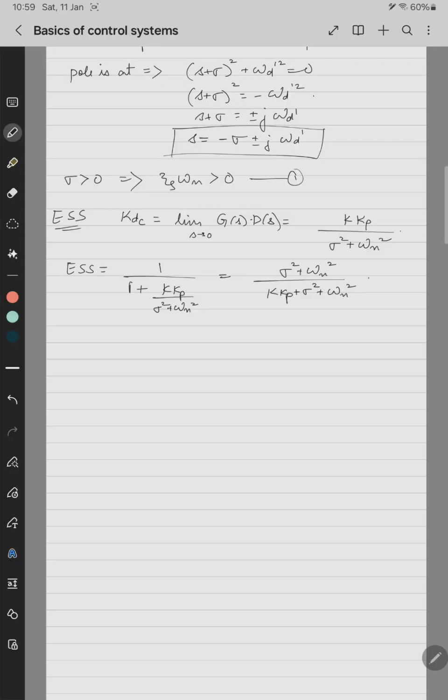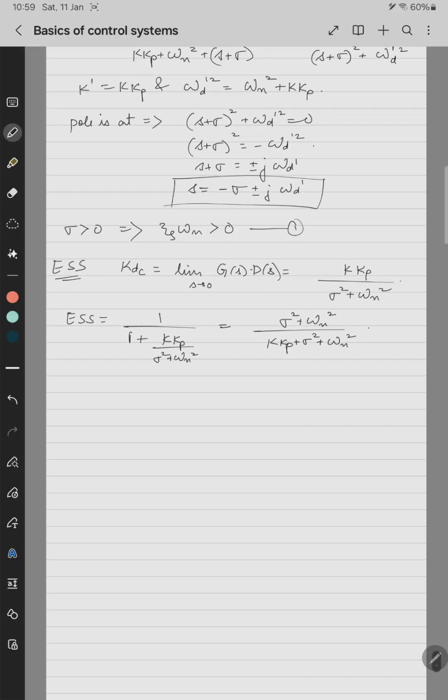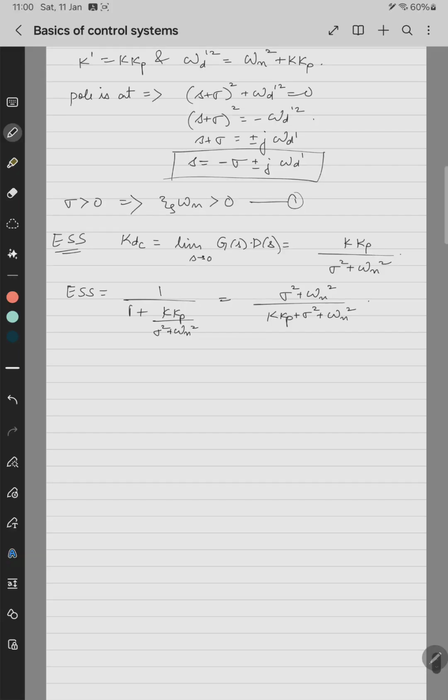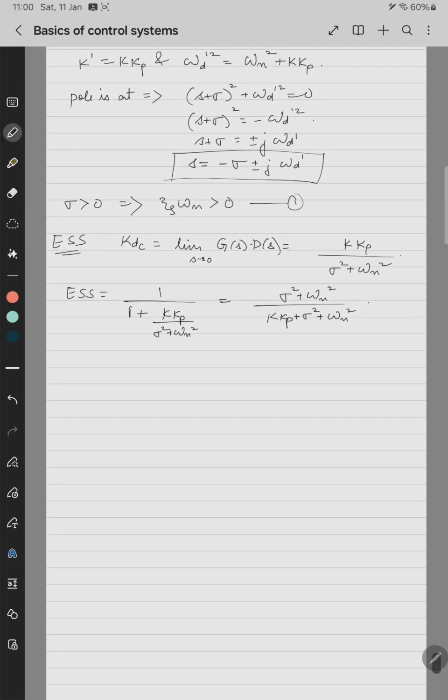This will be the steady state error. There is no such identity used to tune the Kp here, because it's only a P controller; this is just to show it for proportional control. So stability is done, steady state error is done.